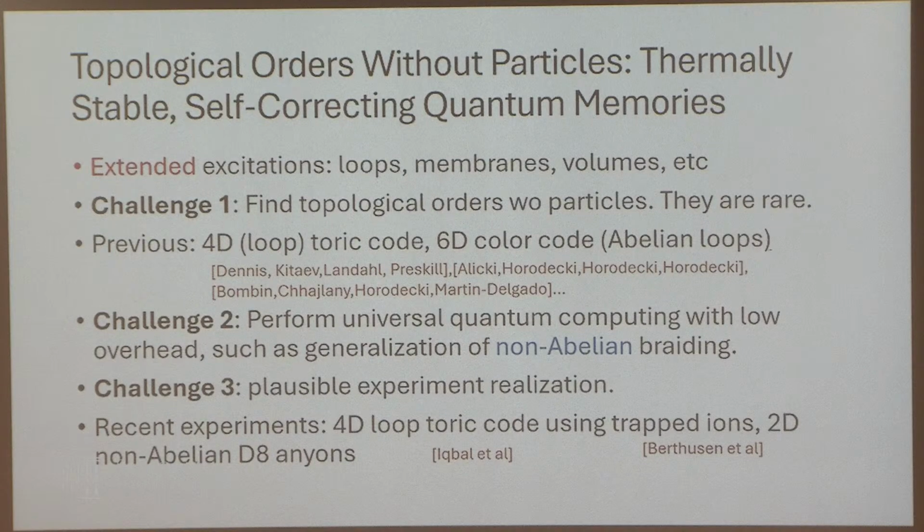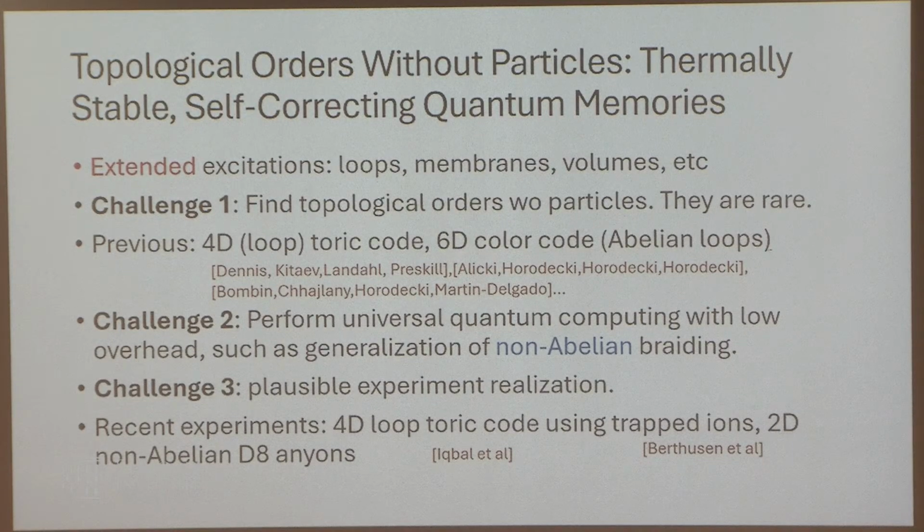And also we want to construct systems that are plausible to be realized in experiments. For example, recently people have realized the 4D loop toric code using trapped ions, and there are also realizations of non-abelian topological orders in 2 dimensions.